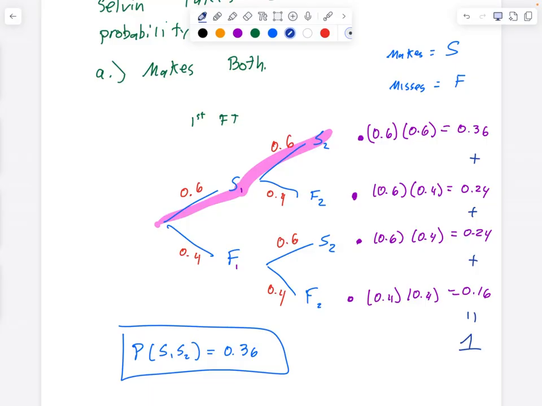How many outcomes does he make 1 free throw? 2 outcomes. So Curlin says there's 2 outcomes that he makes 1 free throw. Which ones? We'll go 1 through 4. 2 and 3. So this outcome is Selvin making 1 free throw. This outcome is Selvin making 1 free throw. So there's 2 outcomes. So the answer is 2 out of 4, right?